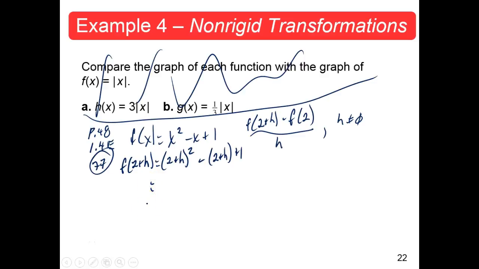What's 2 plus h squared? A little louder. Okay, did I hear a 4h squared? Okay, all right. What does 2 plus h squared mean? It means 2 plus h times 2 plus h.